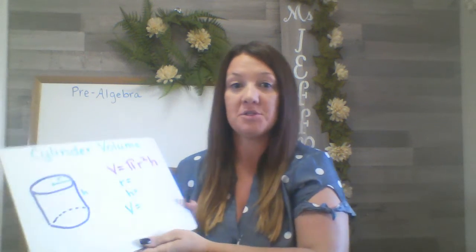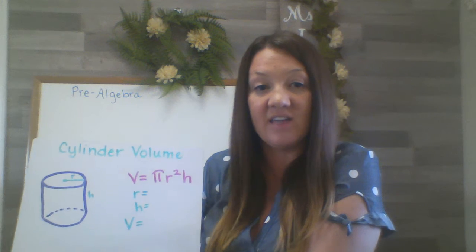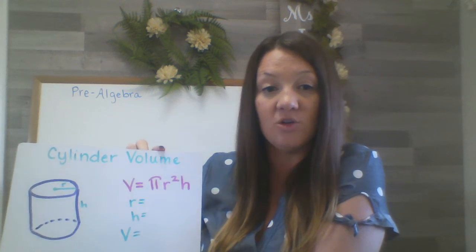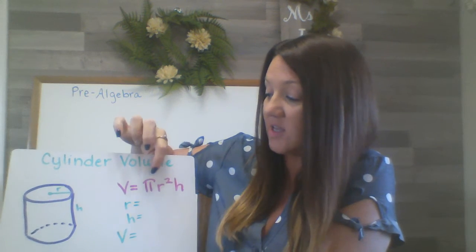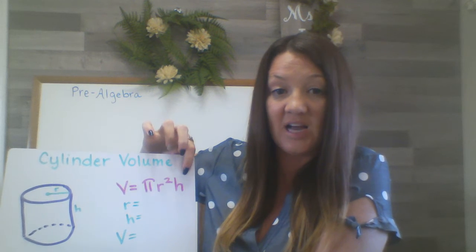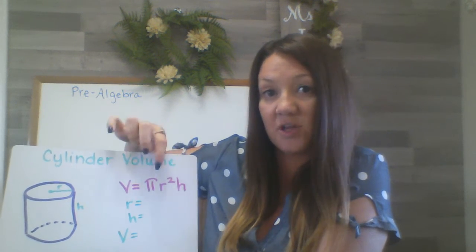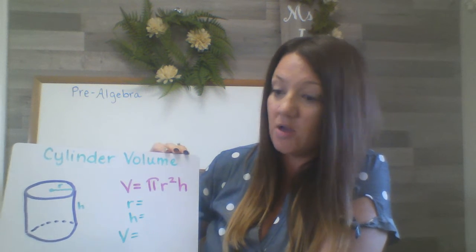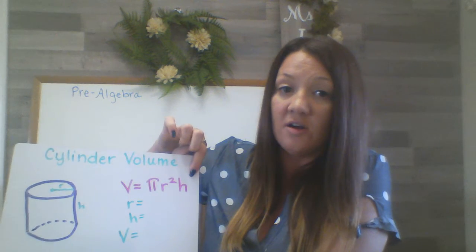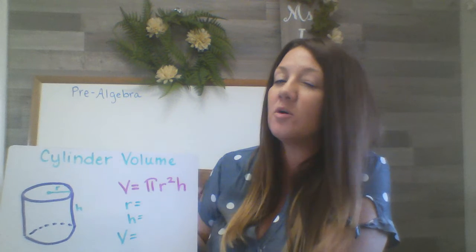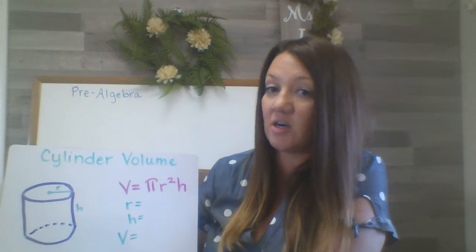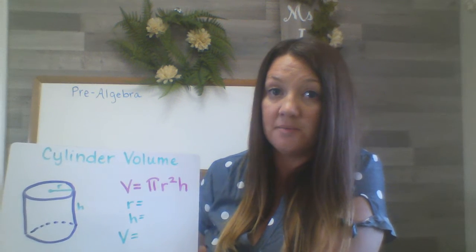So let's do some examples. The cylinder volume that you just came up with is pi r squared times height. And whenever you have letters and numbers right next to each other like this, that means multiply. So we're going to multiply all of these figures. Before we do an example, let's remind ourselves, what is pi?